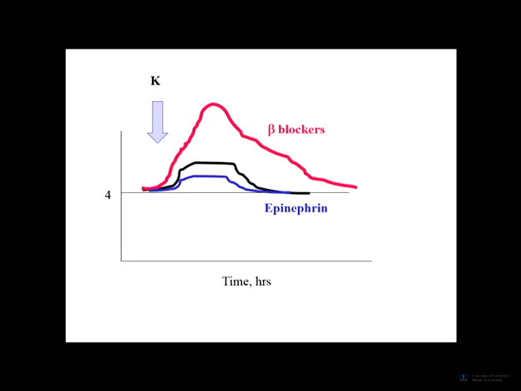So there are many people with asthma, for instance, who keep taking epinephrine for their asthma, and they often have low potassium. And in many situations, beta blockers, which are one of the most common drugs used, you have to think about them if somebody comes in with hyperkalemia.